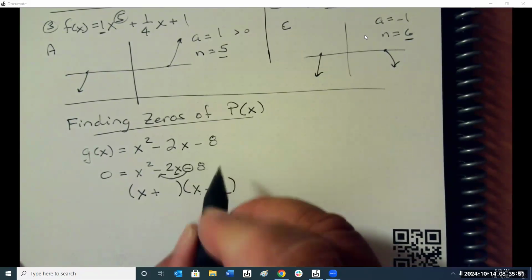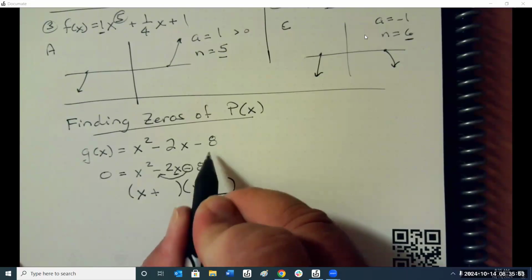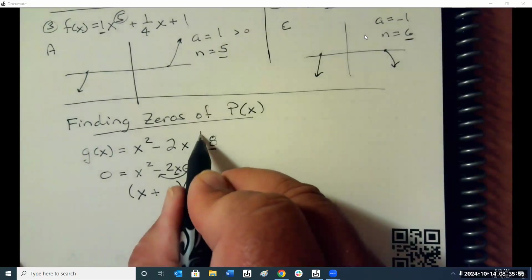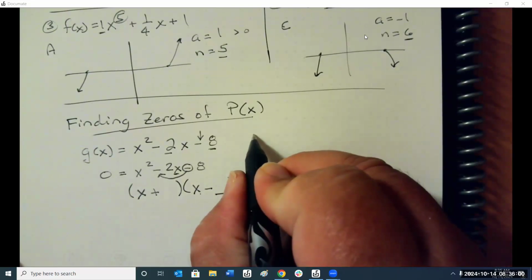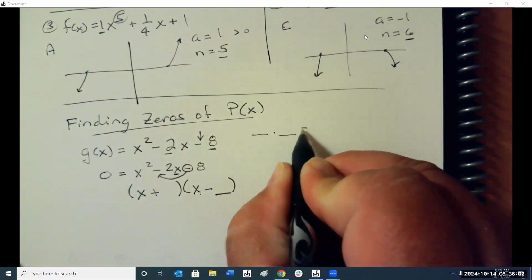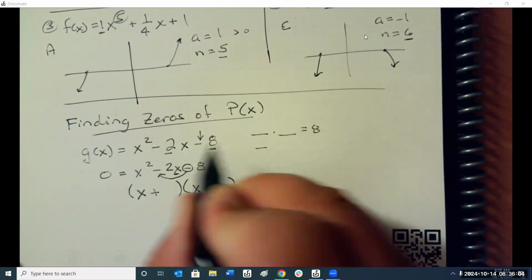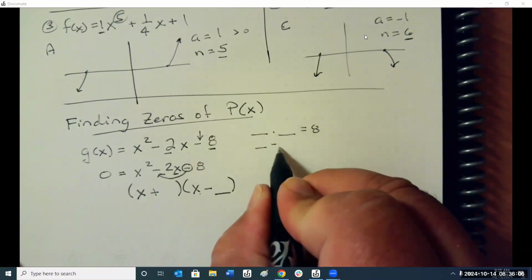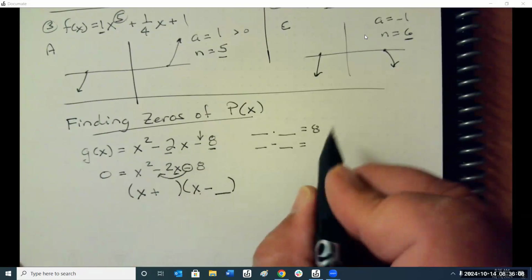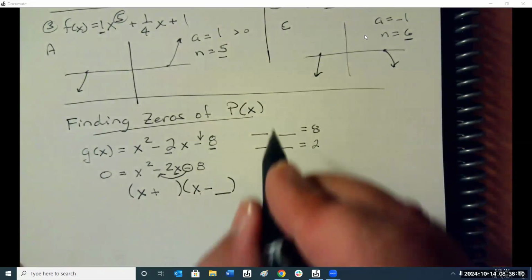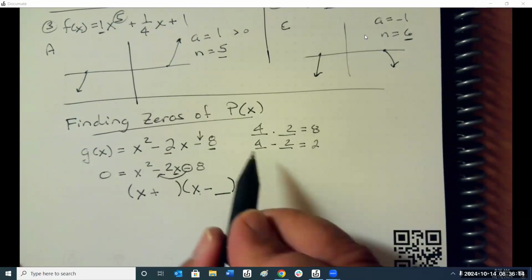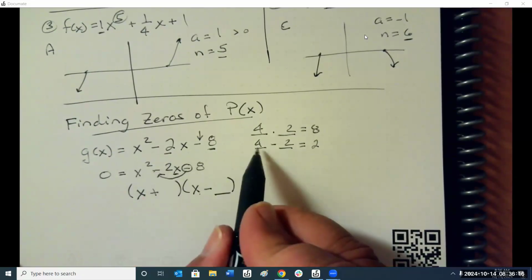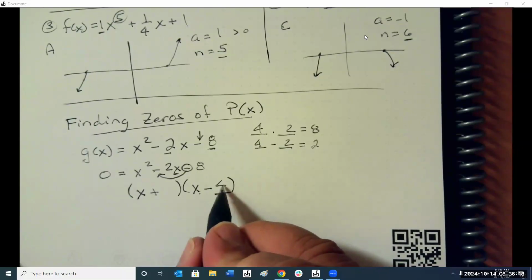So now we have to figure out what times what is 8, and when we subtract them, we get 2. 4 and 2. 4 times 2, 4 minus 2. And since the first sign is a negative, the bigger number gets the negative.